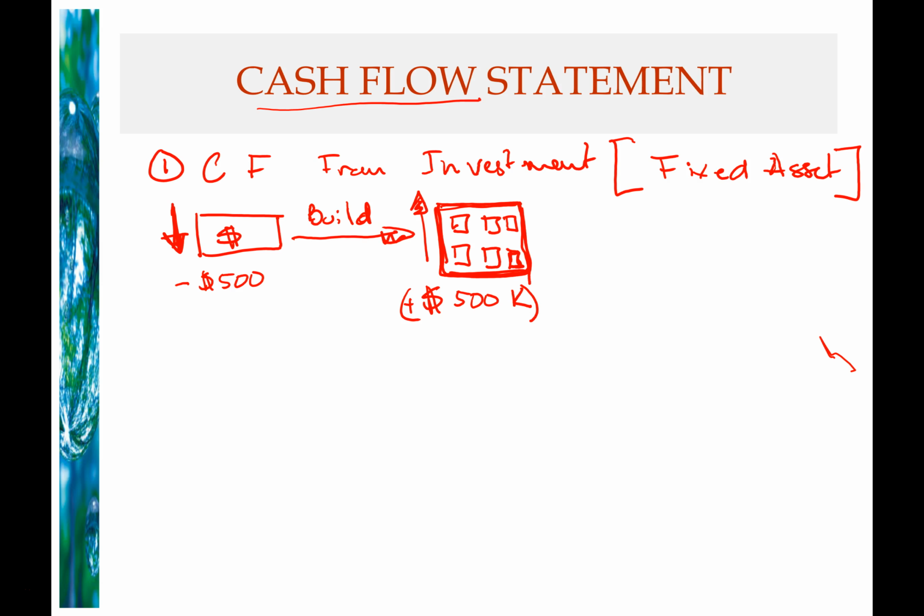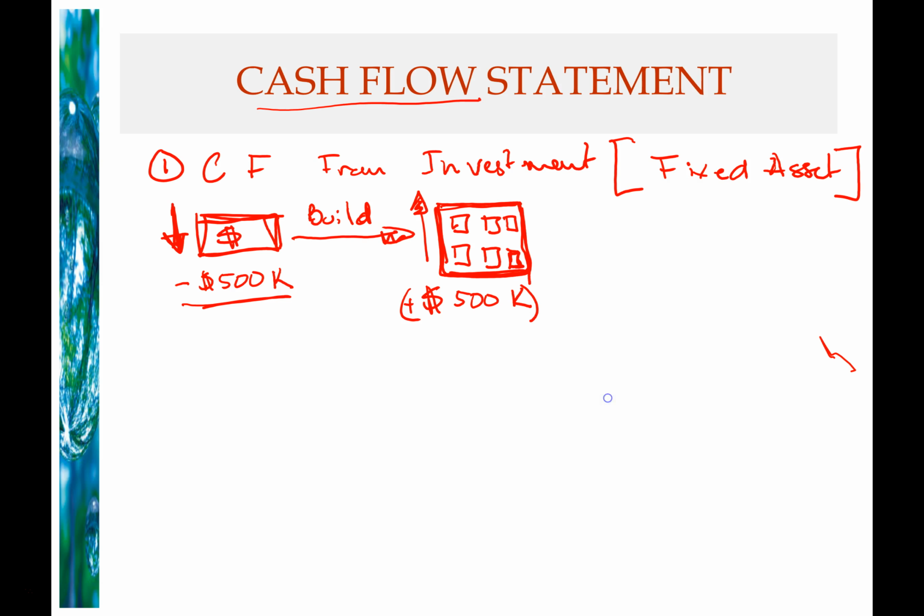On your cash flow from investment, you will show a decrease in your cash, right? That's why we say that your cash decreases under the cash flow from investment. It decreases by the same amount of money that you spent to build this new building.